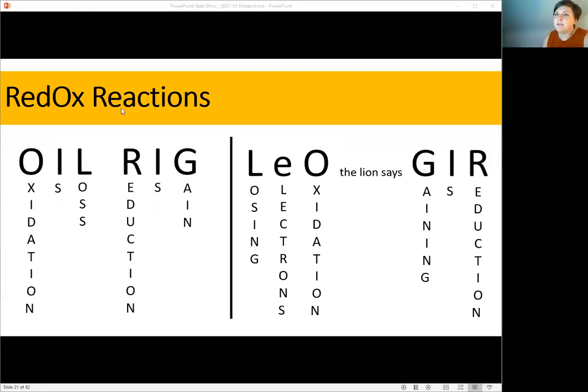Another mnemonic that I was taught by a colleague is LEO the lion says GER. This would be loss of electrons is oxidation and gaining is reduction. I honestly don't care how you remember it, just make sure that you do. Even better, don't just make sure that you remember it, make sure that you understand it.